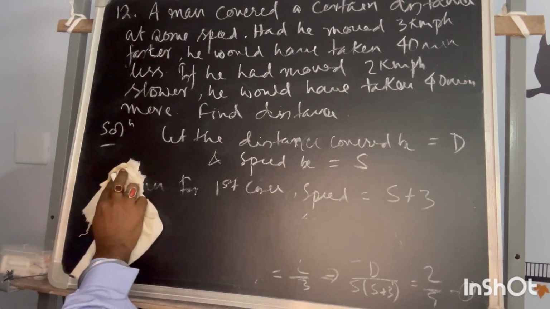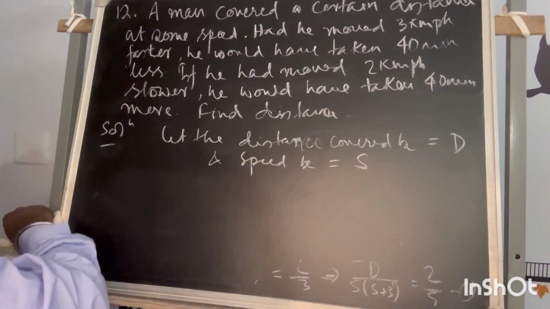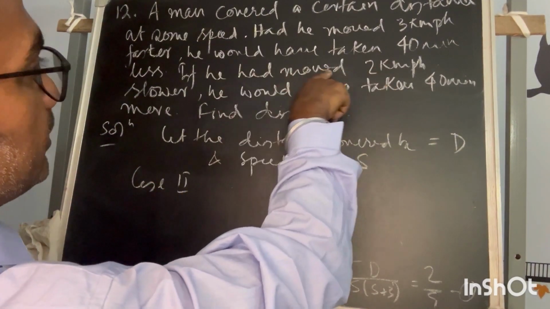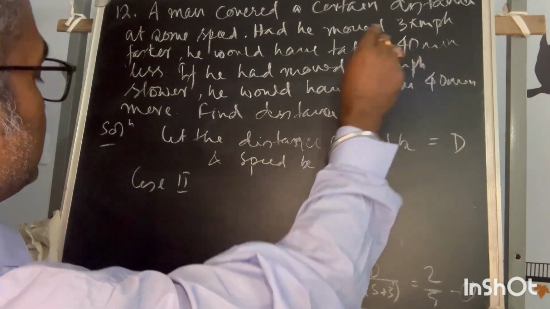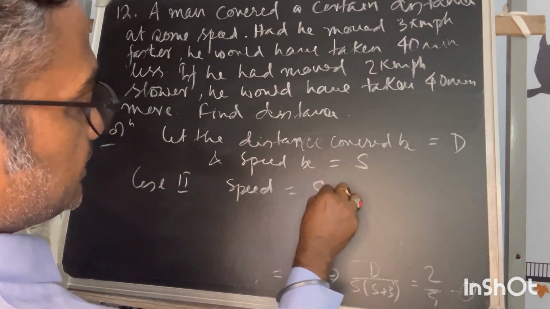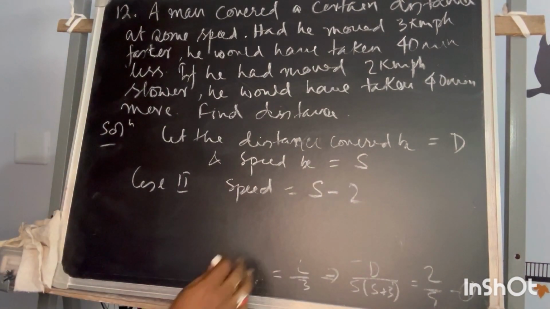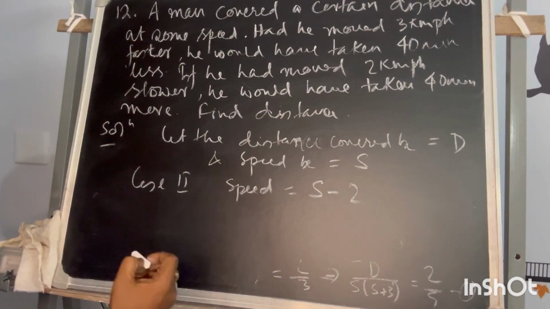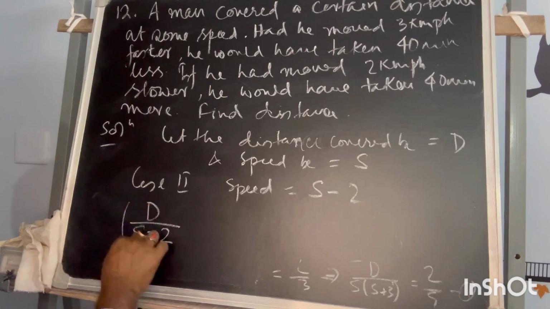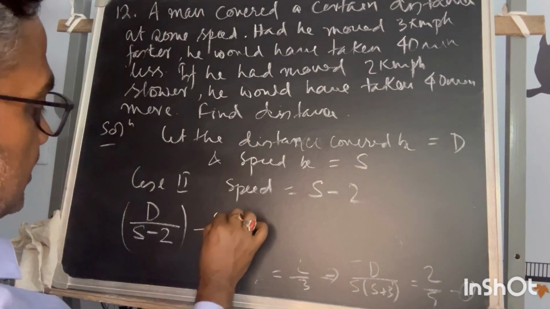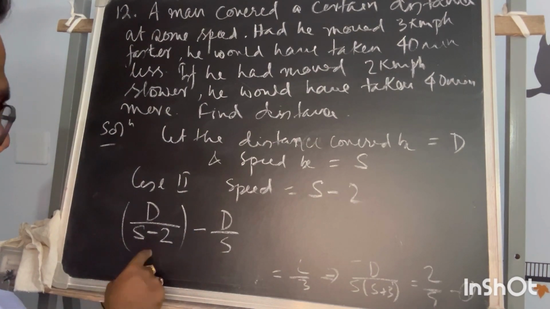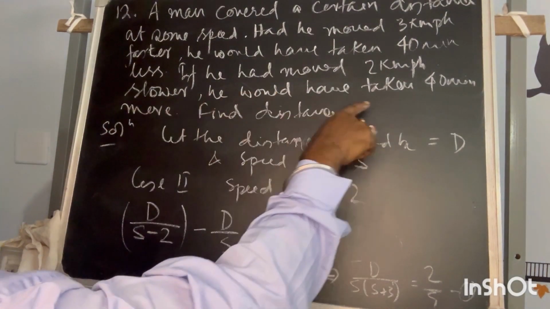And the second case, where he would have moved 2 kilometers slower. So the second case speed will be s minus 2, so the time in this case will be higher. The distance is d, your speed is s minus 2. This is the time for the second case, and the earlier time was d by s. In this case this is lesser, this is higher, and you would have 40 minutes more.